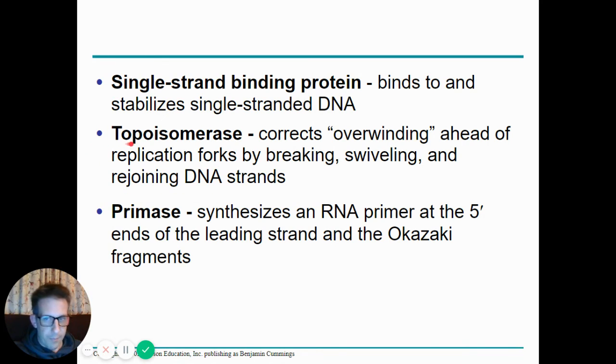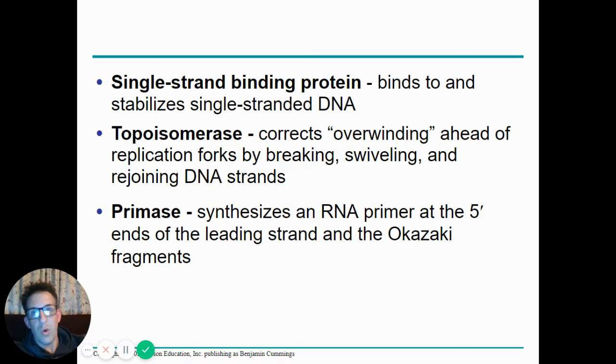But topoisomerase is something that corrects overwinding. If you've ever twisted up some cord, like if you've ever taken electrical cord and twisted it up, I know this happens to me a lot. What happens is if you twist it up too much, it balls up on each other and it makes big knots. And what topoisomerase does is it corrects this, because that's exactly what's going to happen when you unzip the DNA right down the middle of something that's already twisted.